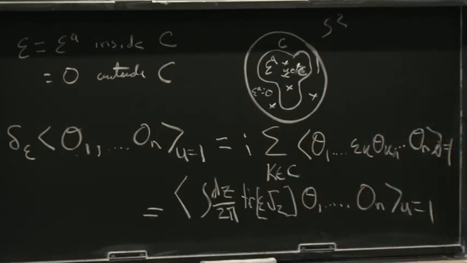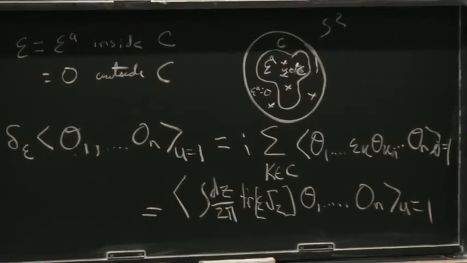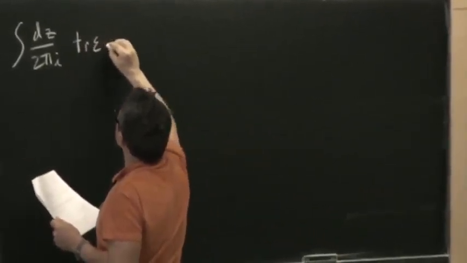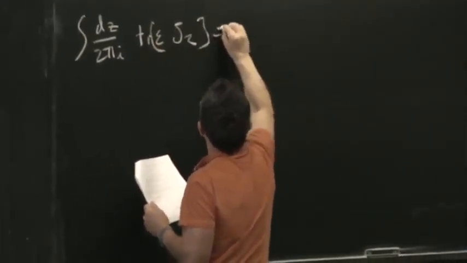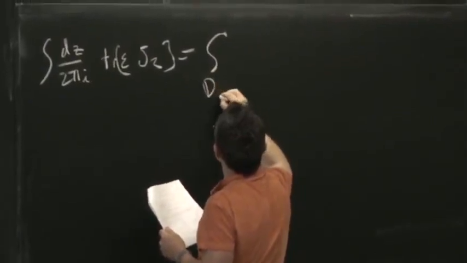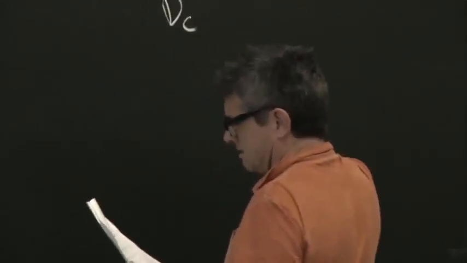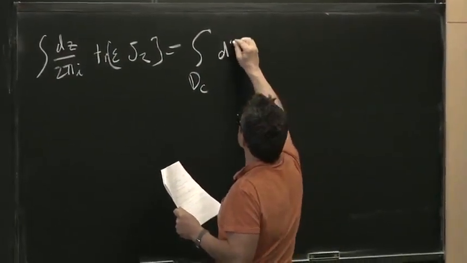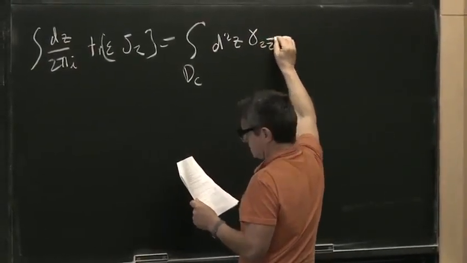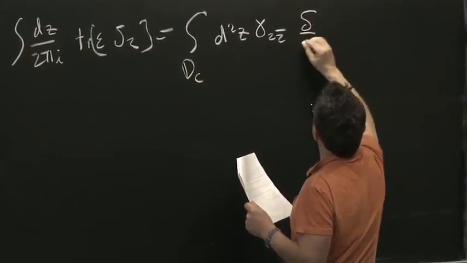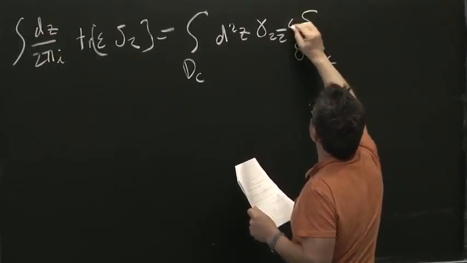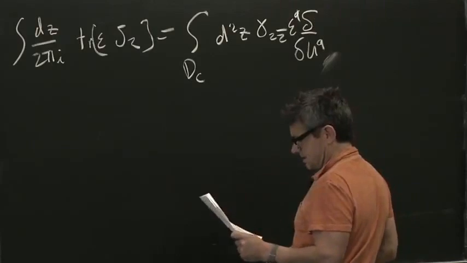So we can characterize this by saying that the integral dz over 2πi of trace ε j_z is equal to the integral over the region inside the contour of d²z γ_z z̄ δu a ε δu a ε_a.